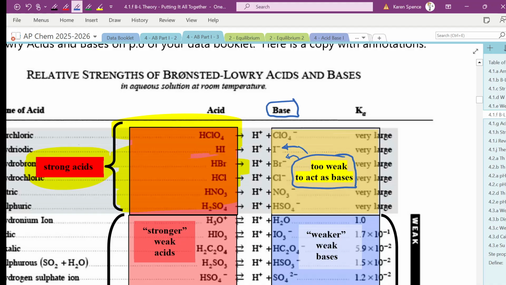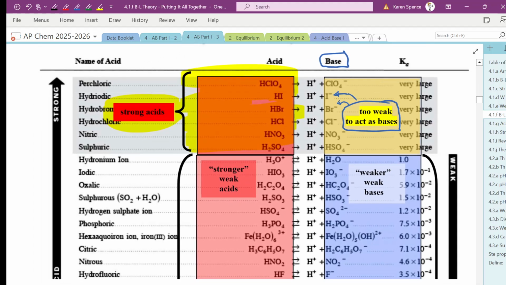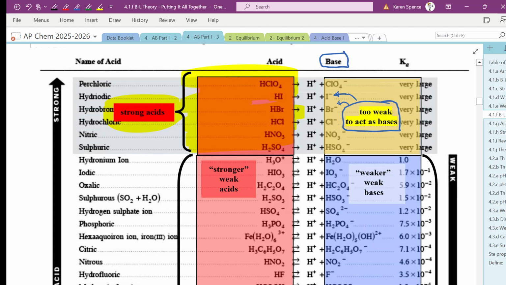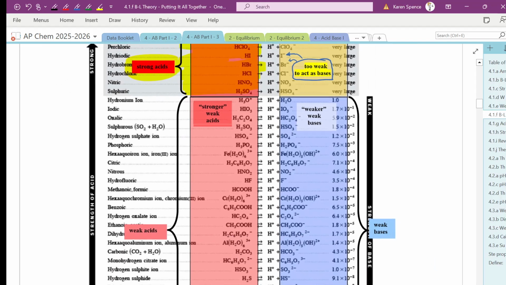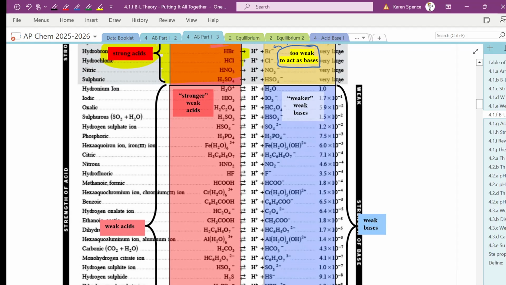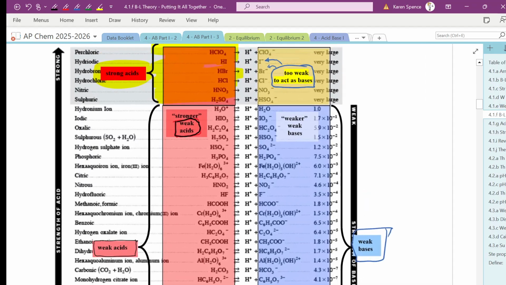Okay, all the ones over there. At the top of the table, on the left-hand side, you'll see we have all of the weak acids here. In this section, these are all our weak acids. We have all of our weak bases on the right-hand side in the middle.